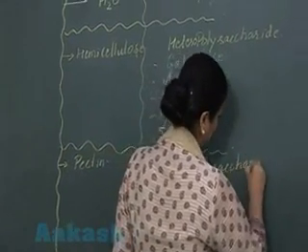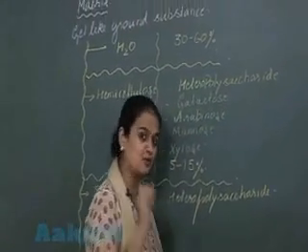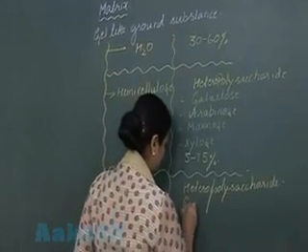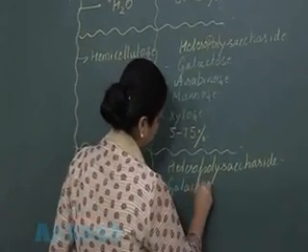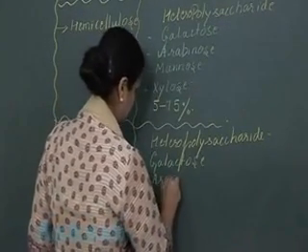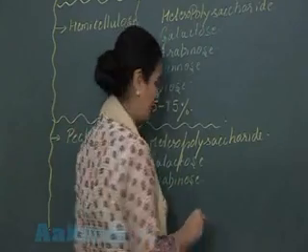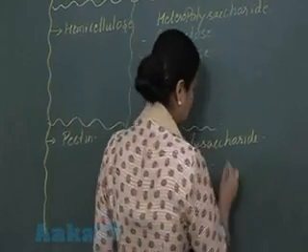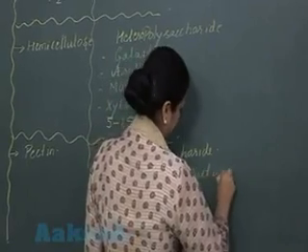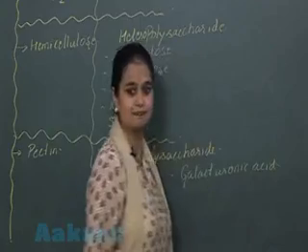The monosaccharides present inside this heteropolysaccharide, one is galactose, another one arabinose, and the one which is present in ample amount, abundant concentration, that is galacturonic acid.